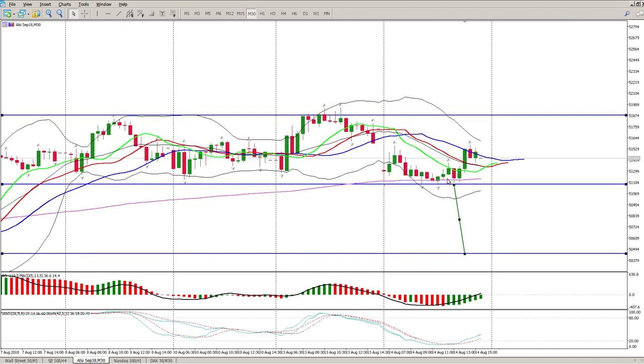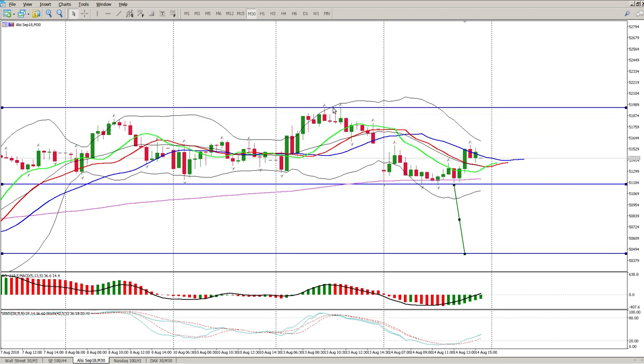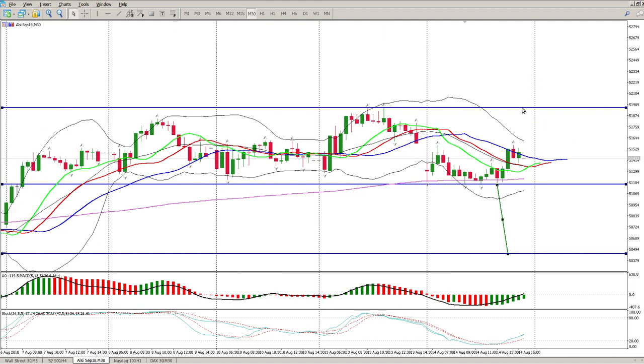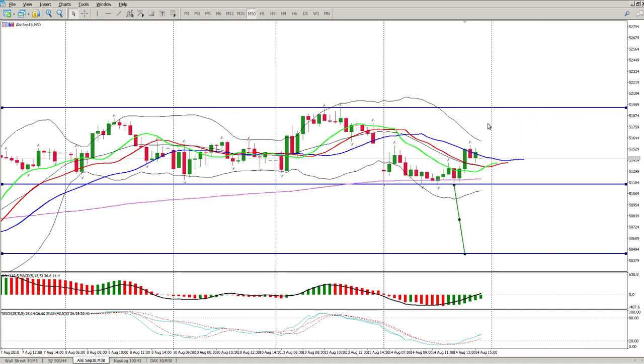If we do find some support at 51160, then I would suspect we come and target the upper side here of 51880. If we do break above here, and again I'm just going to extend that to the tails to the upside, because that's the range we need to worry about right now, that level is 51955.